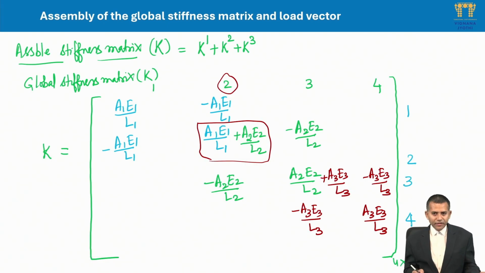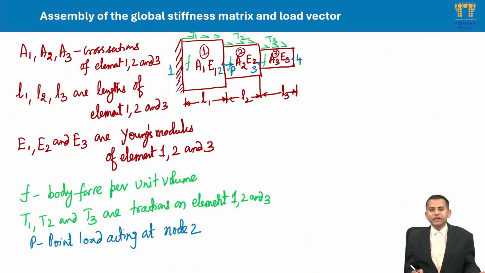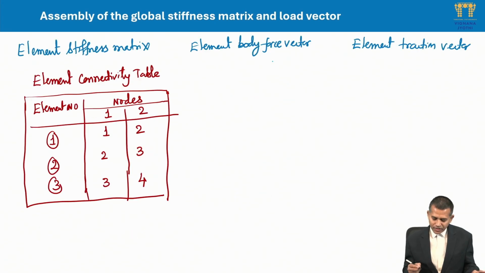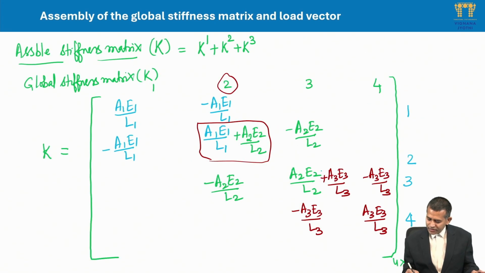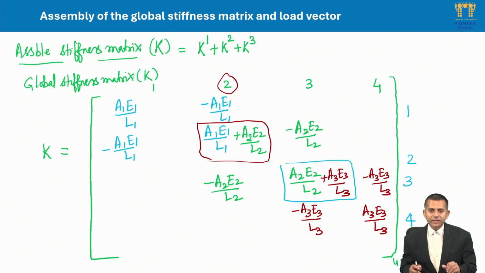Again, observe here, the third node is the connectivity between element 2 and 3. So that's why you are getting the sum here. I hope you're understanding. That's how you will get this global stiffness matrix.